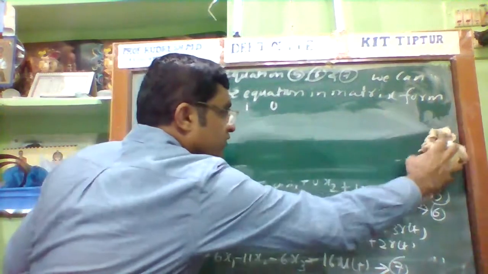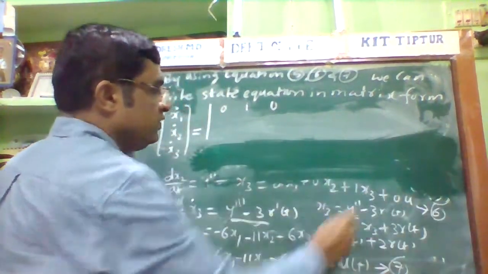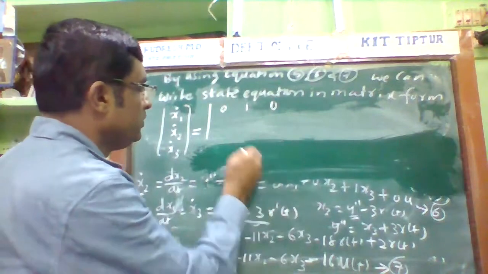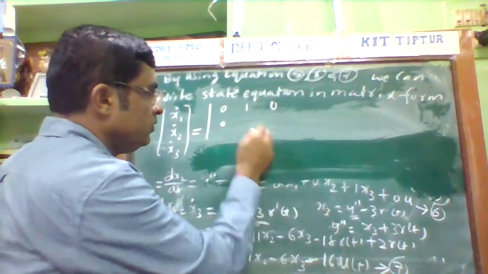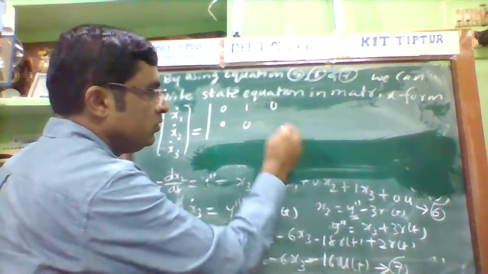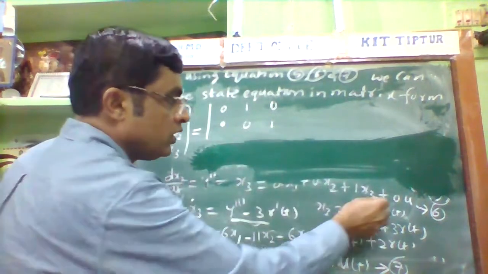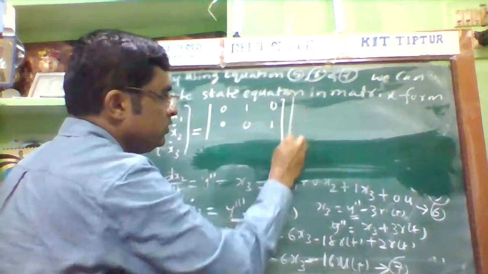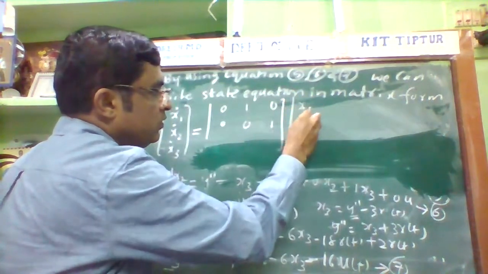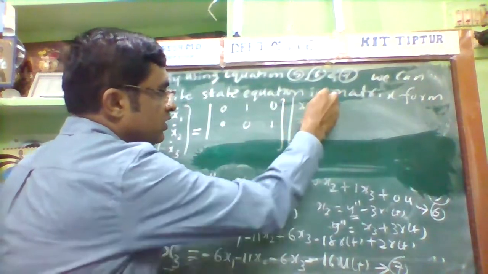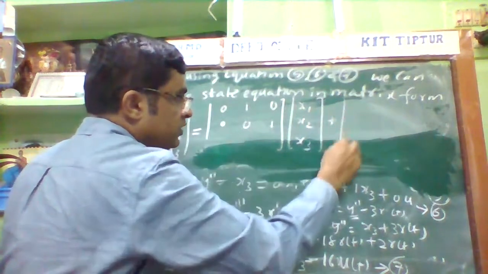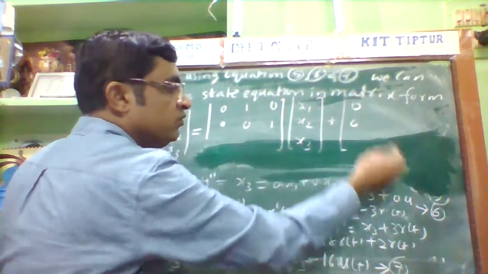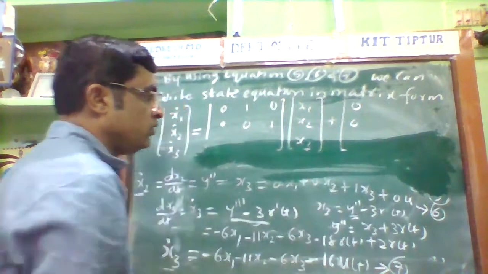Now consider the second equation. The coefficient is 0 for x1, 1 for x2, and this is equal to x1, x2, x3 plus 0 for the input. For the third term it is also 0.